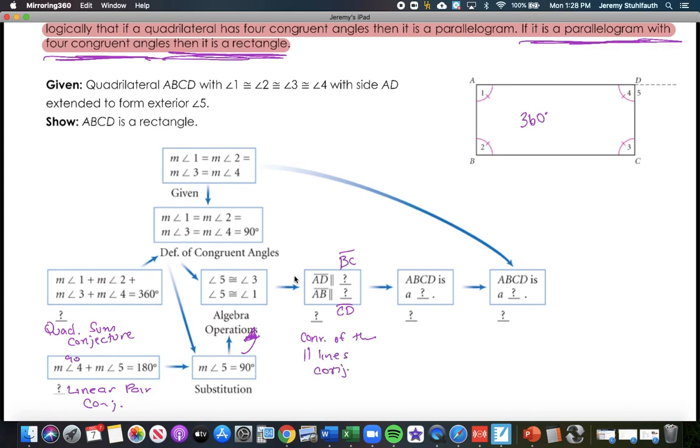Okay, we used alternate interior angles to prove that those lines were parallel. Now, after that, because the opposite sides are parallel, we know that ABCD is a parallelogram. That is the definition of a parallelogram.